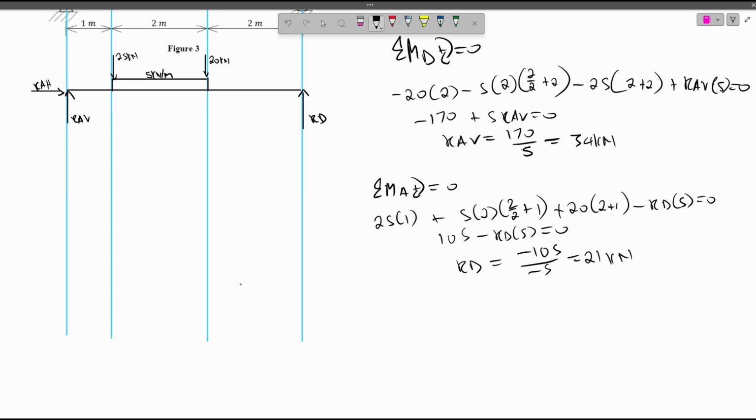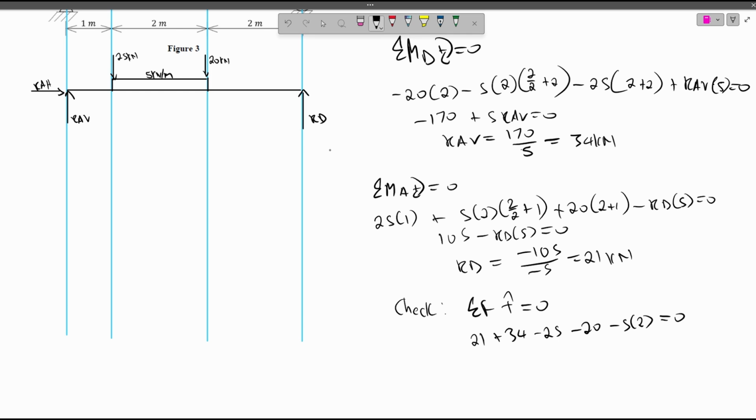And then for our checks, we're going to take sum of forces up positive will be 0. So 21 plus 34 minus 25 minus 20 minus 5 times 2. That is to give you 0. Which it does, meaning your reactions are correct.